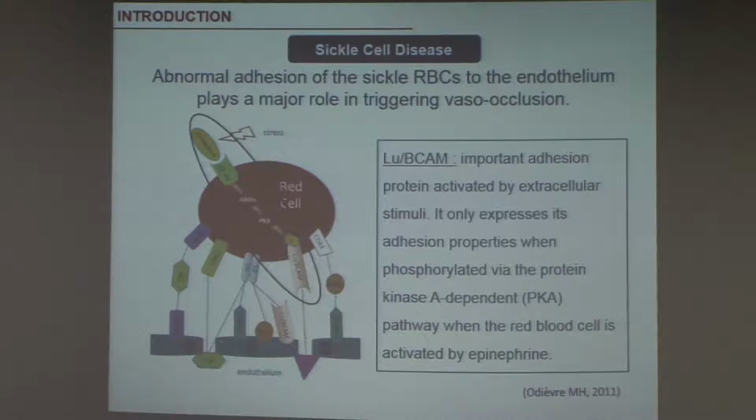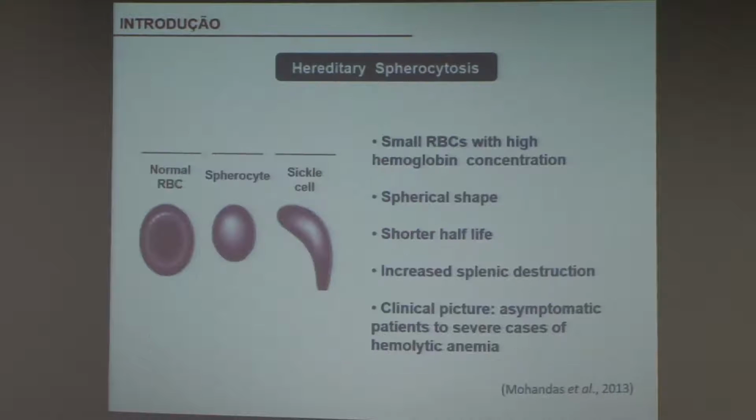So stress plays a role in triggering adhesion molecules, activating those molecules, such as LW, which is a molecule very studied by the French group. And so under stress, those adhesion molecules are more activated and can trigger vaso-occlusion more efficiently.